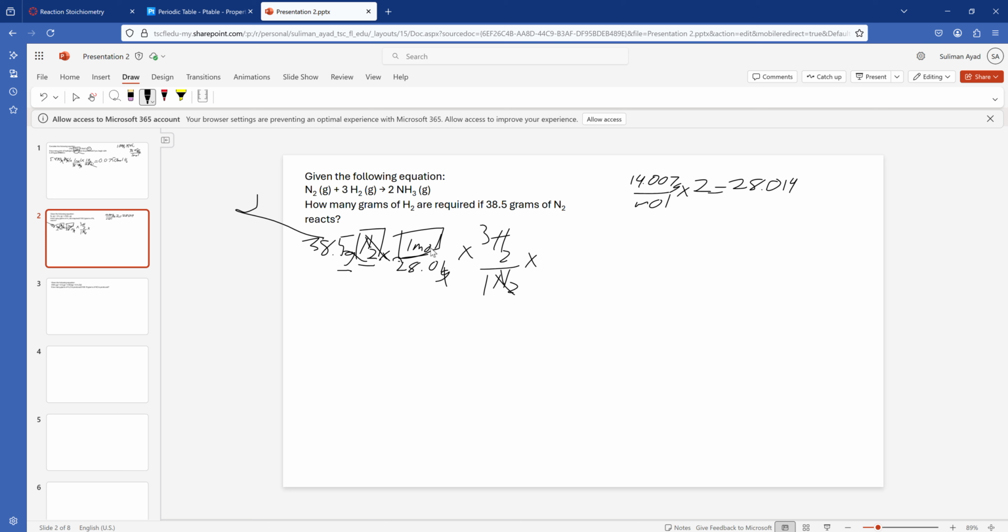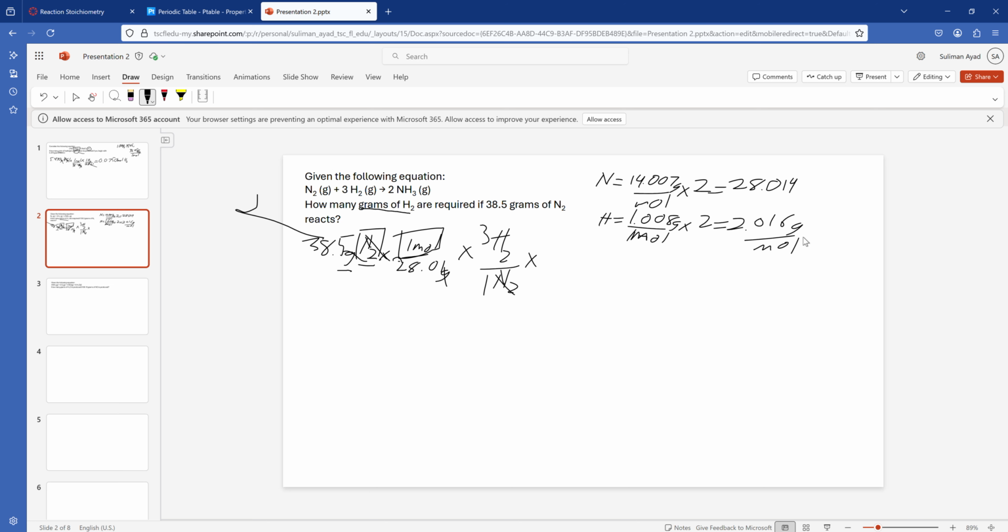And now I have moles of hydrogen. In order to get to grams of H2, I need to figure out the molar mass for hydrogen. Hydrogen from our periodic table is 1.008 grams per 1 mole. This was for nitrogen. This is for hydrogen. And because I have two of those, I'll multiply this value by 2, and that's going to give me 2.016 grams per mole for the molar mass of H2.